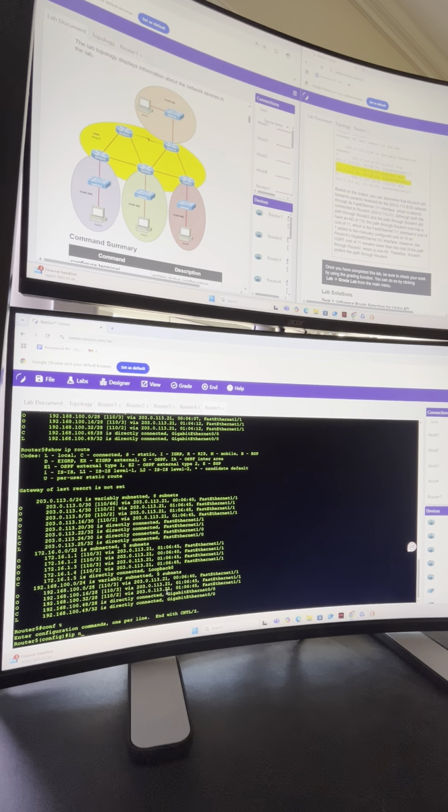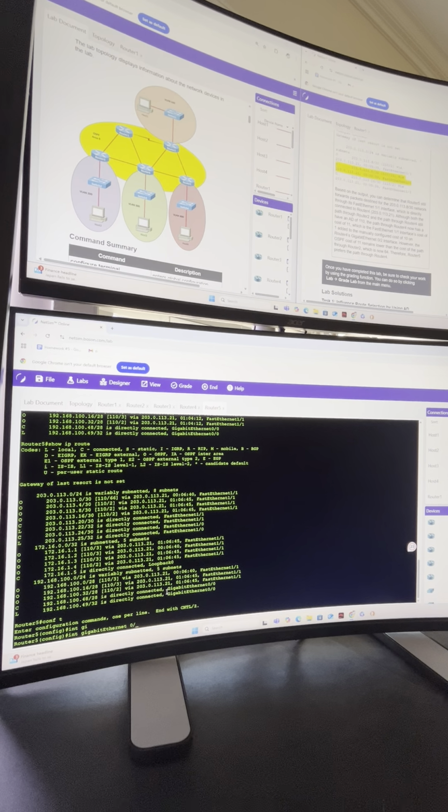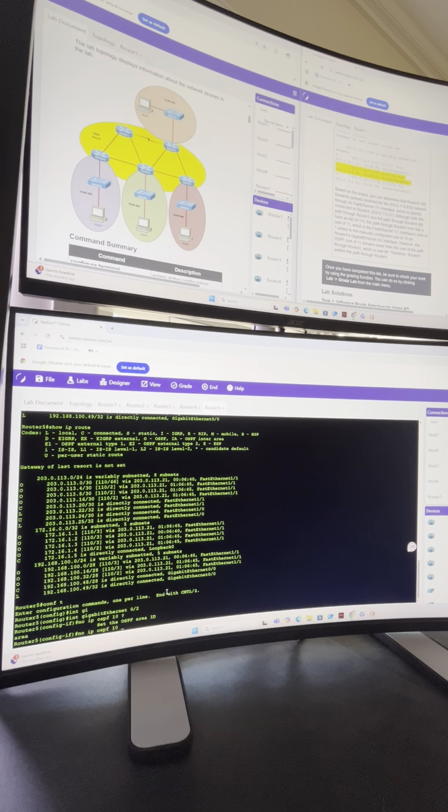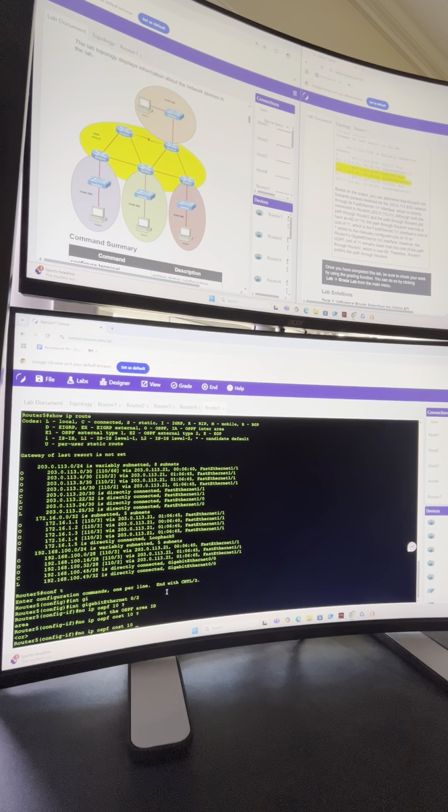Let me go into interface configuration mode for gigabit Ethernet 0/2. Let me do a no IP OSPF cost of 10.